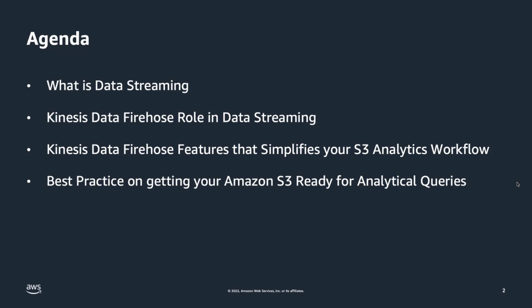ETL is extract, transform, and load. Next, we will go over the best practice on how you get your S3 ready for analytical queries using Amazon Athena, Presto, Redshift Spectrum, and how you can optimize your S3 cost for these analytical query engines.